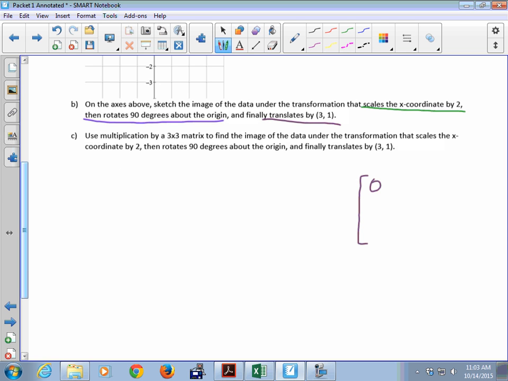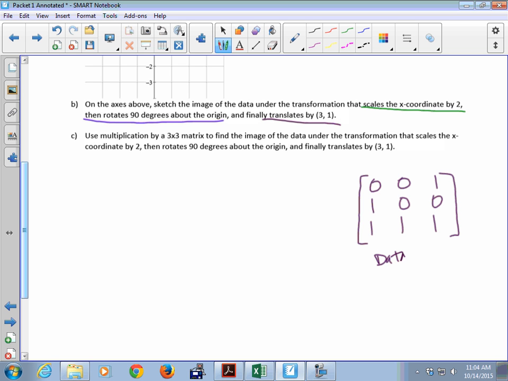So this is going to be 0, 1, 1, because homogeneous coordinates add a 1. Then 0, 0 is my next point, and I add a 1. And then my next point is 1, 0, add a 1 to make homogeneous coordinates.